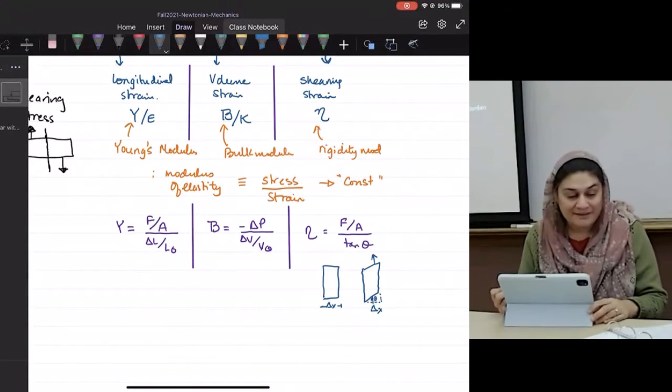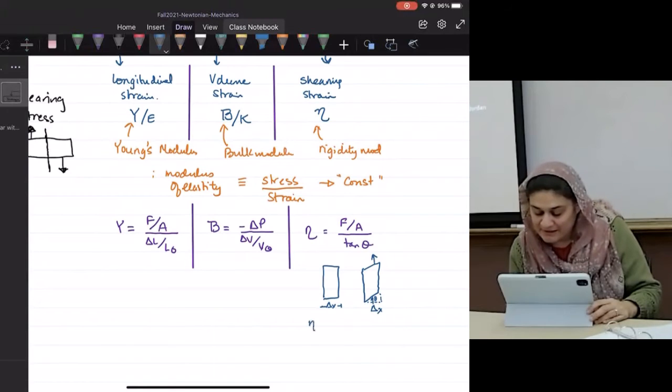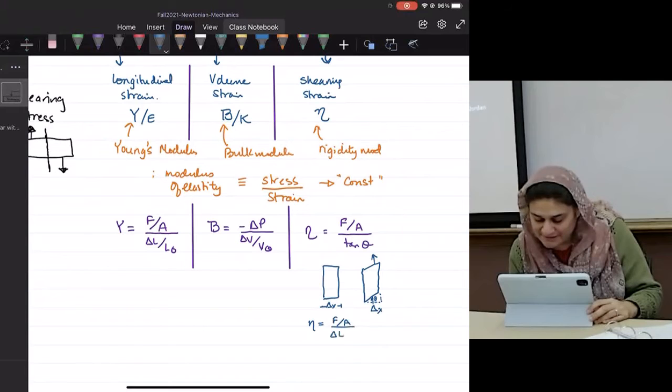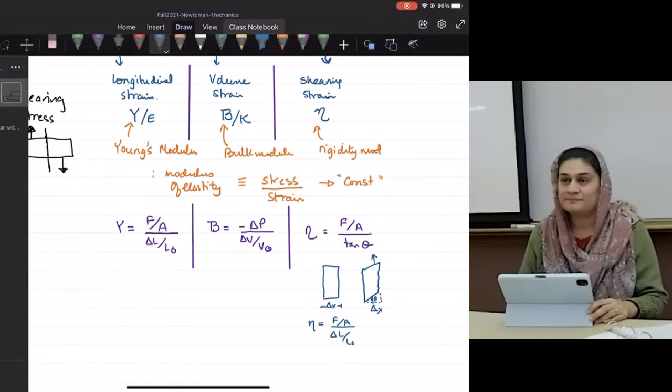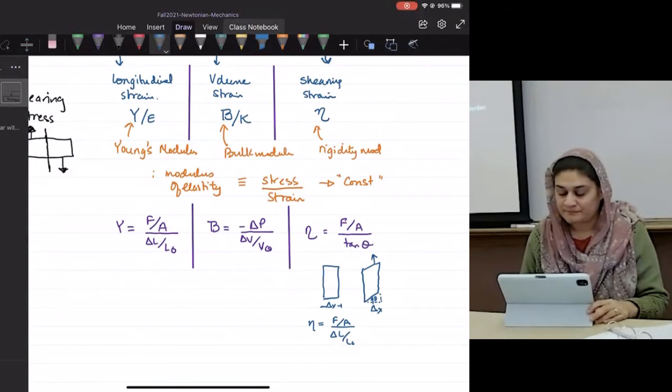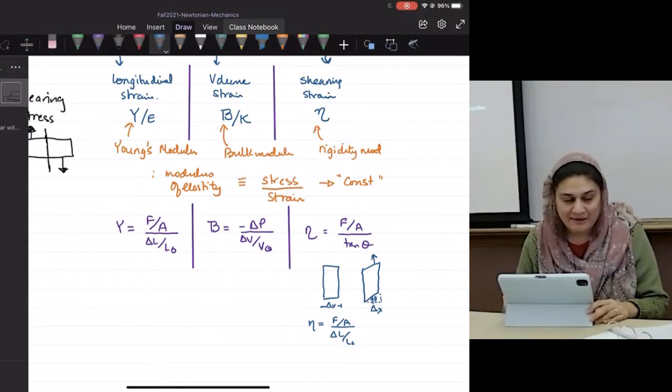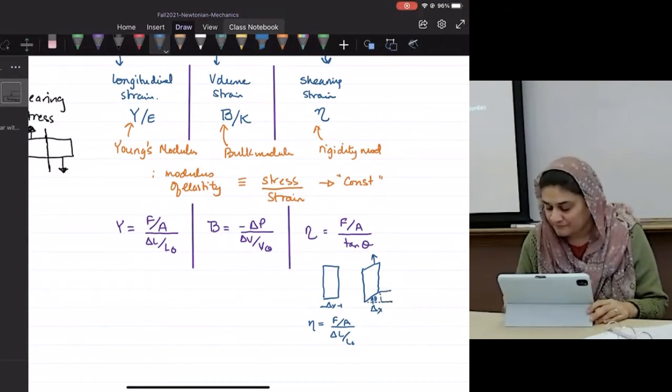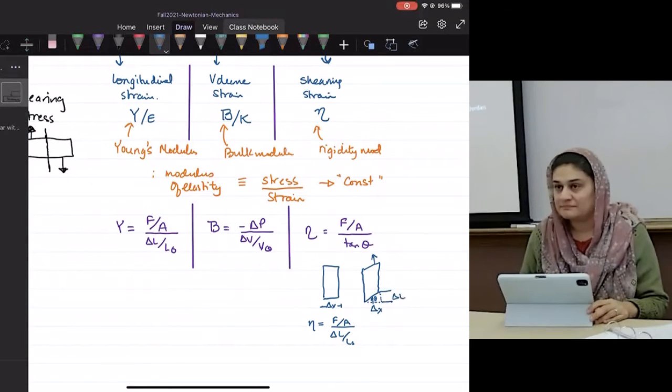can I rewrite this as eta equals F over A divided by delta L over L0? That's from my Young's modulus definition. Is this the change in L? Is this delta L? Yeah?